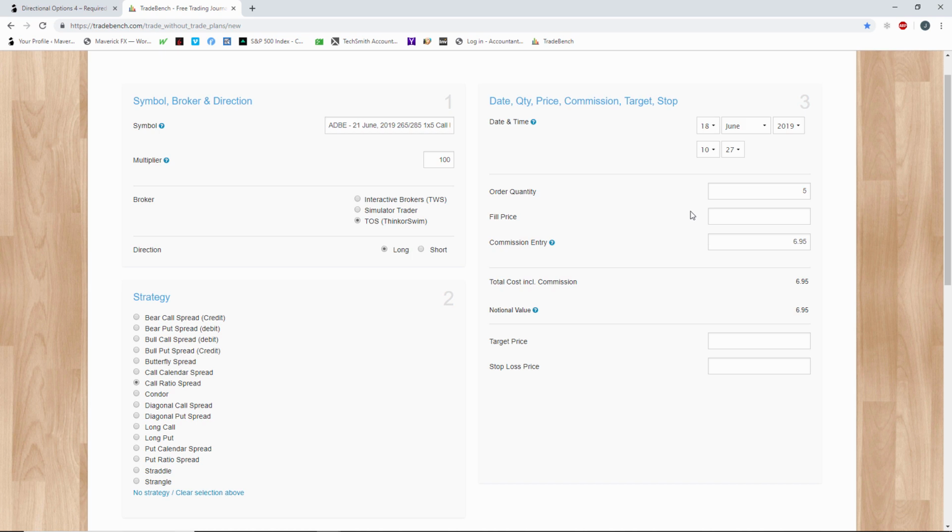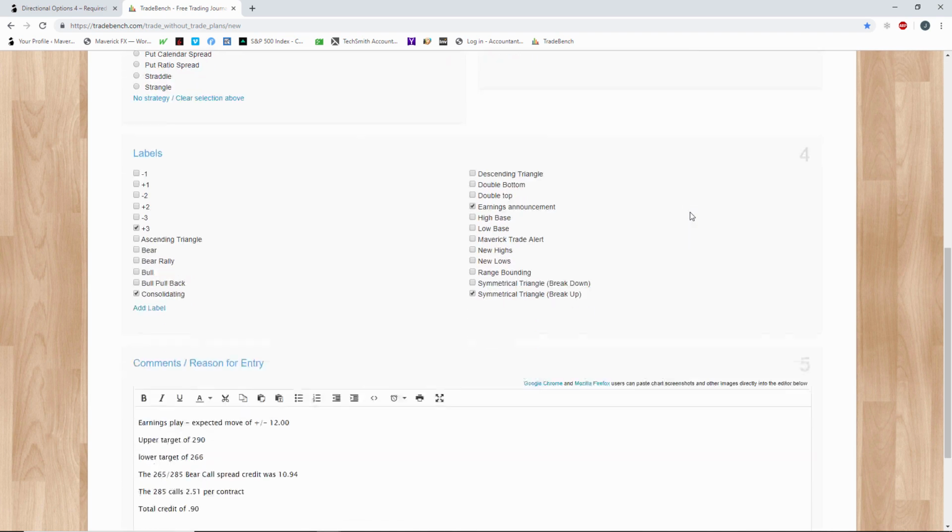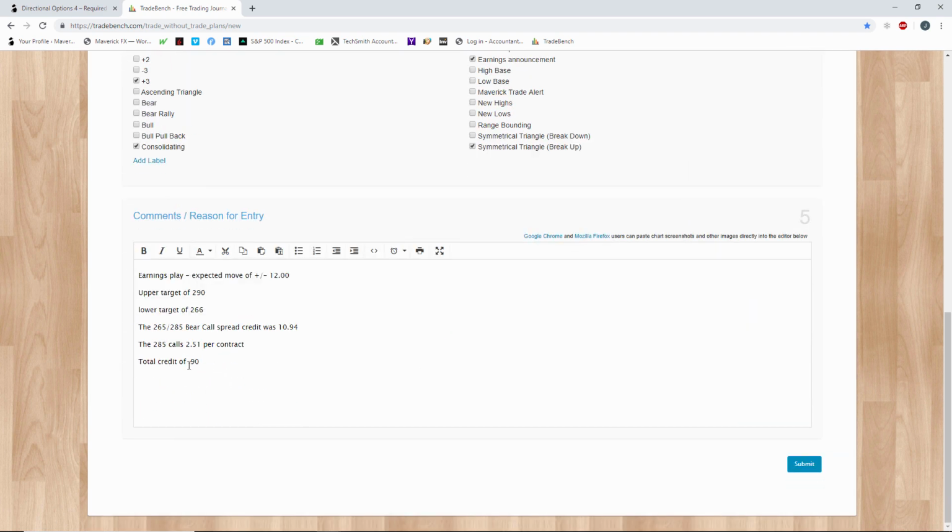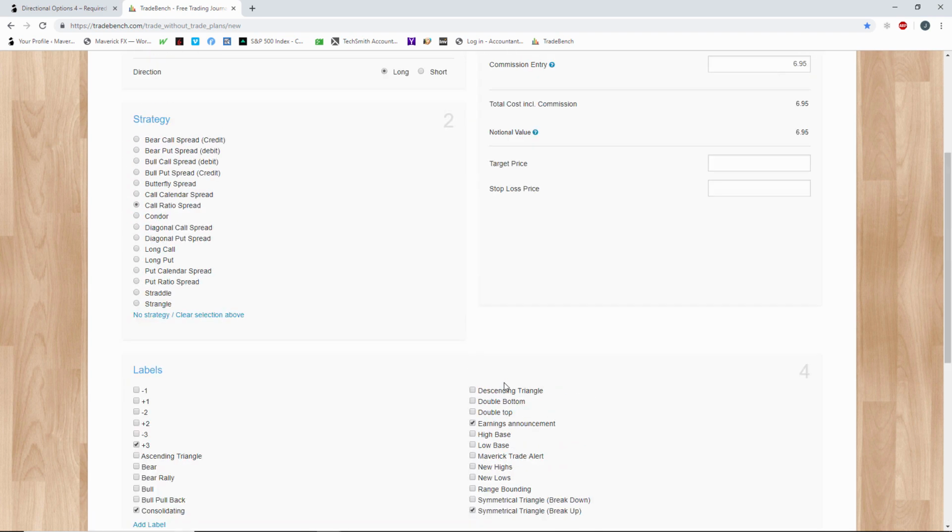Now this is where it gets a little bit tricky, because if we do the total, it's a 90-cent credit, which is going to mess the math up. If we do the bear call spread, it's going to be a $10.94 credit. However, we paid, using some of that money, we bought 4 extra calls. So the best way to do this is to put in the average call price, and then we'll work our way backwards once we close the position.